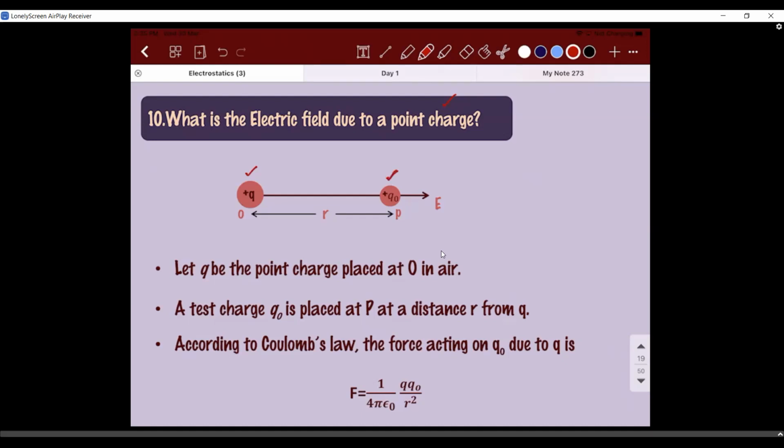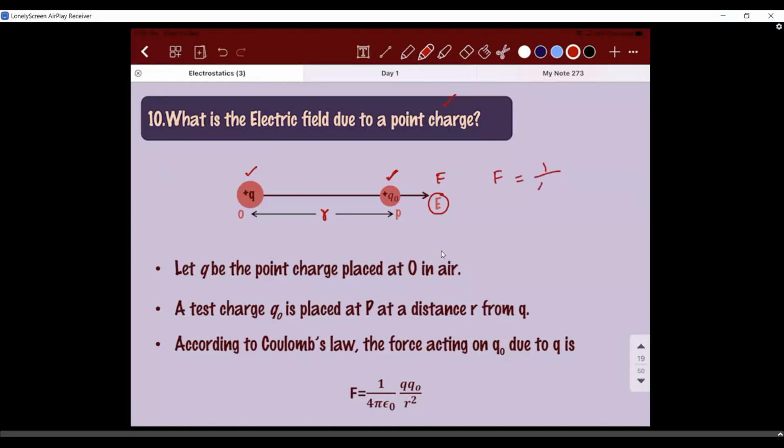For testing the presence of electric field, we have a test charge Q naught. Let's say Q naught is in the presence of electric field due to the source charge. And let's say the distance of separation between the point O, that is the source, and the test charge is R. So the test charge will start experiencing a force in the rightward direction. What is the value of this force experienced according to Coulomb's law?